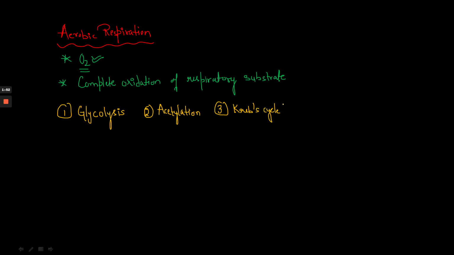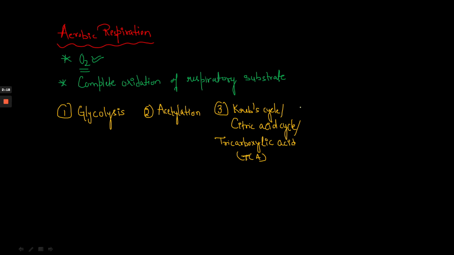This Krebs cycle is also known as citric acid cycle. And it is also known as tricarboxylic acid cycle, or TCA.